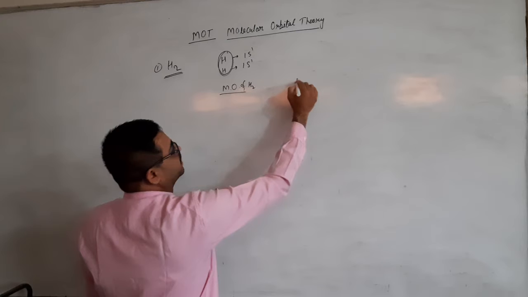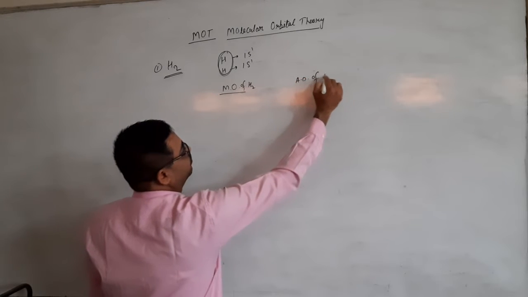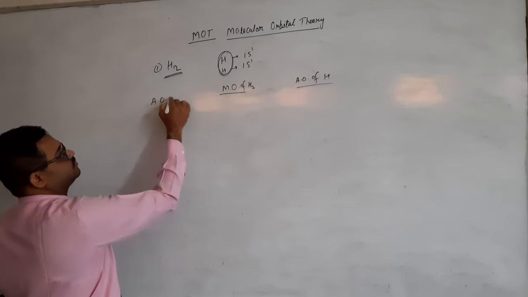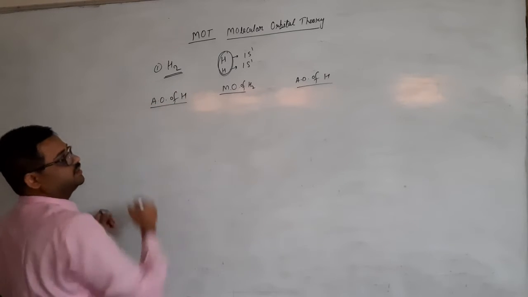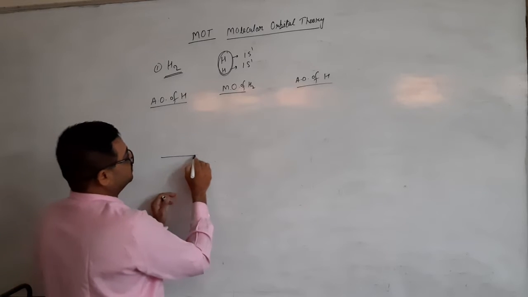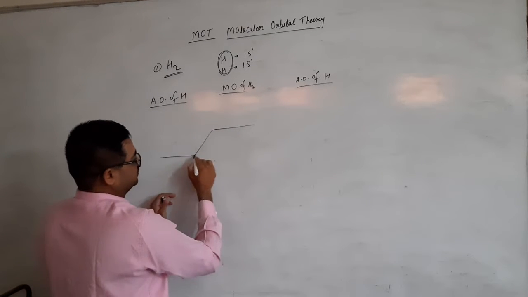Here I will take the atomic orbital of one hydrogen, and here the atomic orbital of another hydrogen. I know it has 1s1 configuration.